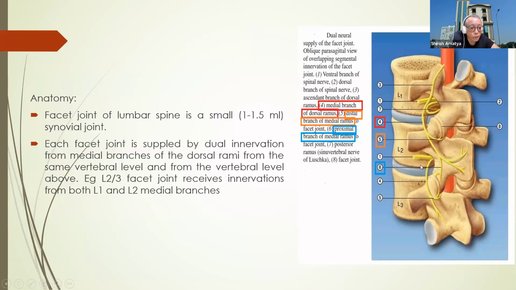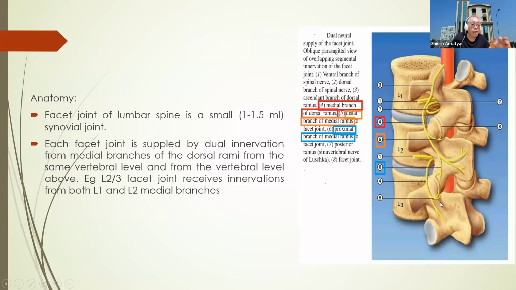This is very important. If you are blocking the L2-3 facet joint, the needle position is at the level of L2 and at the level of L3, but the nerve supply is from L1 and L2.